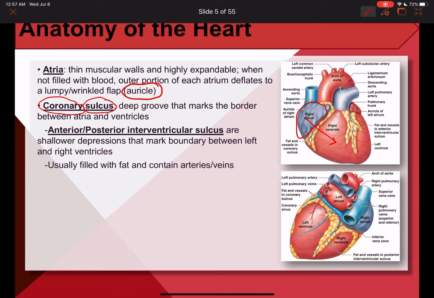So it's got to be the shallow indentation within the heart itself. And it turns out to be a groove that goes along the border between the atrium and the ventricle. So right here, there's a deep groove that allows blood vessels, or specifically coronary blood vessels, to go through that area.